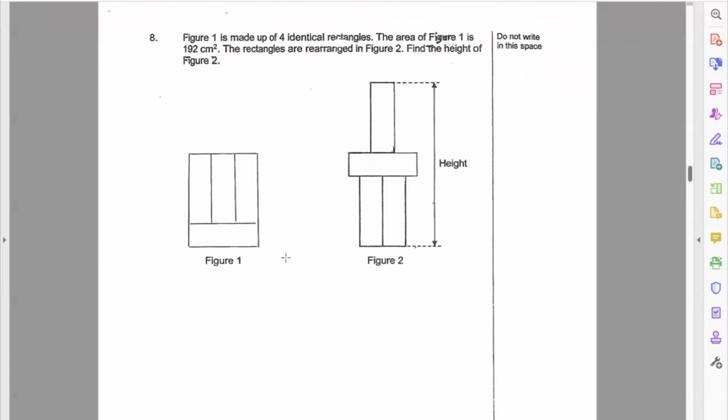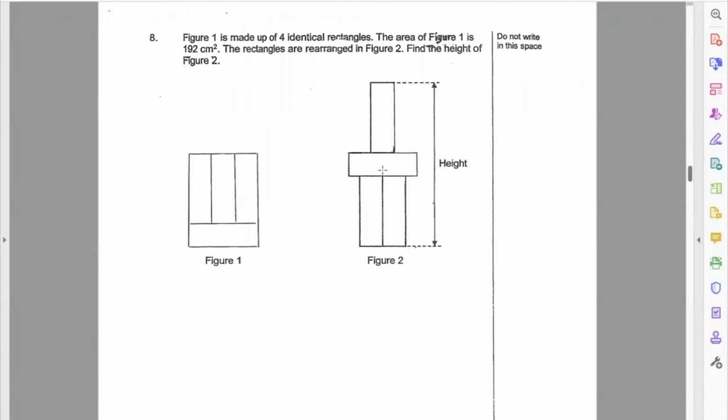Let's continue with question number 8. So in this question, figure 1 and figure 2 are all made up of 4 identical rectangles. All right.